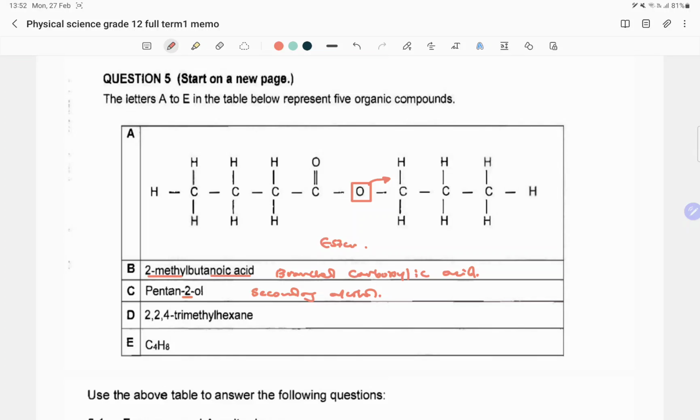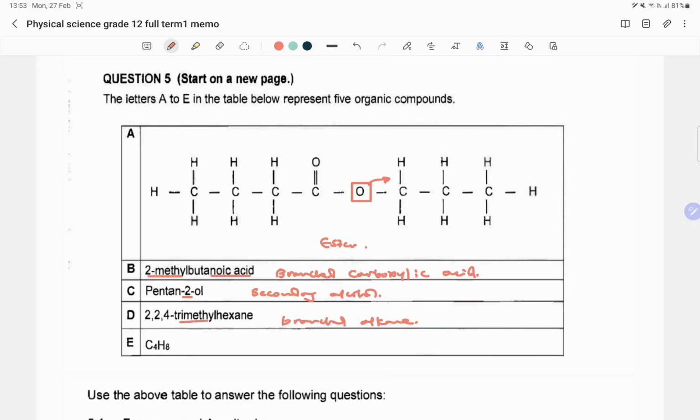Okay, how would you know if it is a tertiary alcohol? If you've got a number other than 1 before the OL, and then the side branches, and one of the side branches coincides with this number, then that becomes a tertiary alcohol. All right. Now 2,2 trimethyl hexane. So this is just a branched alkane. And you know the significance of this.